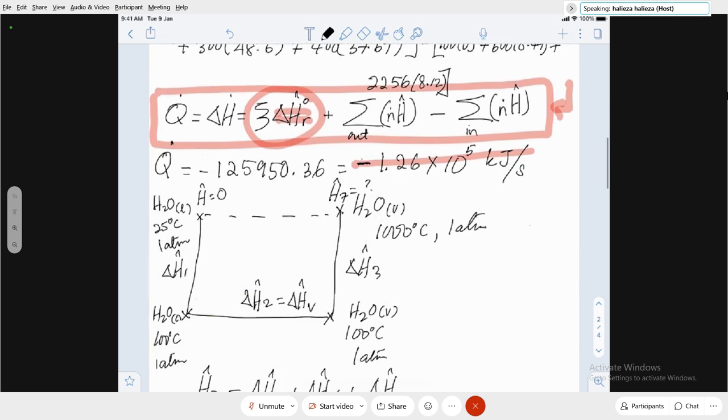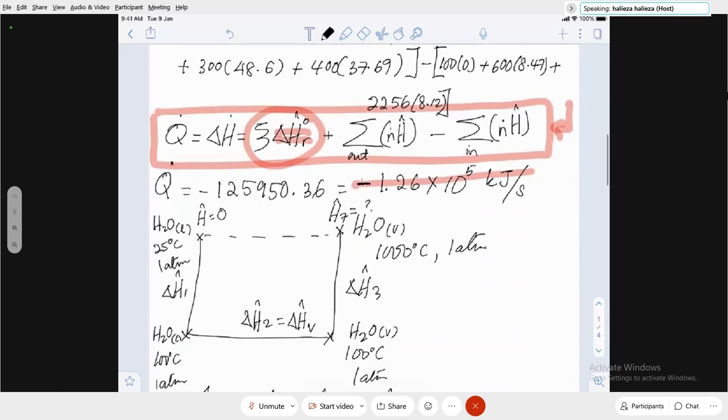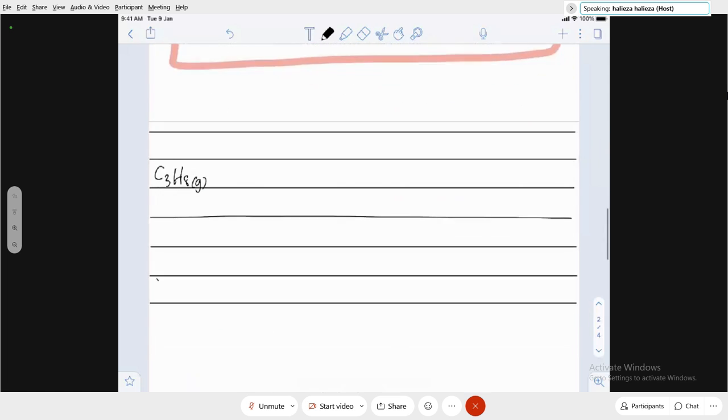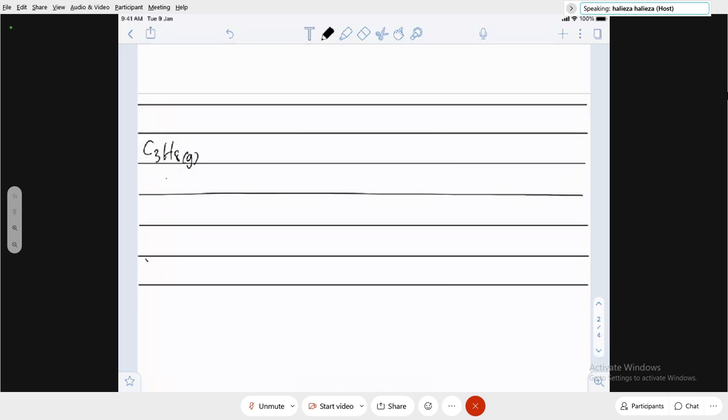I need to write down propane gas, oxygen gas, nitrogen gas, beside that, carbon dioxide gas, and water vapor.